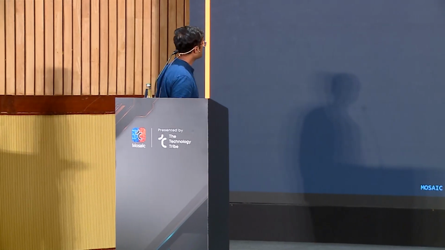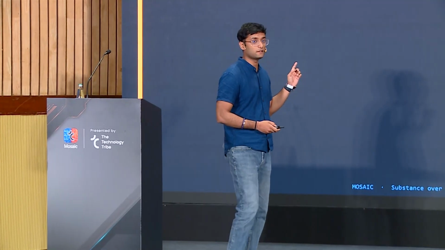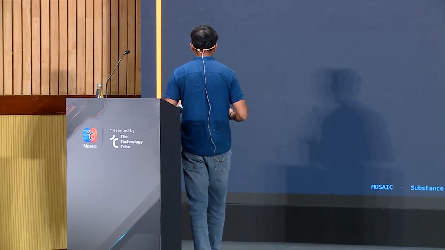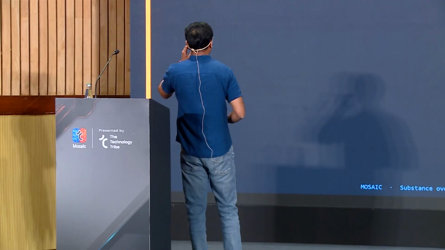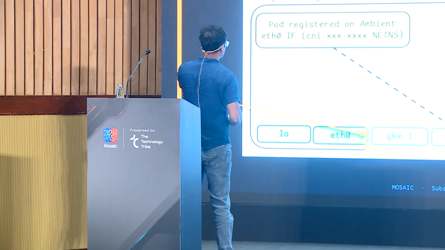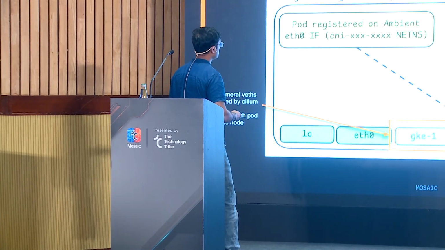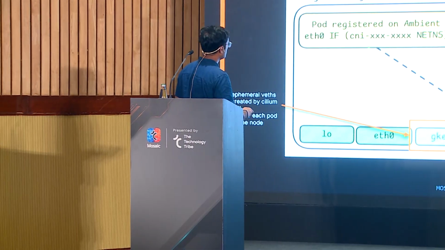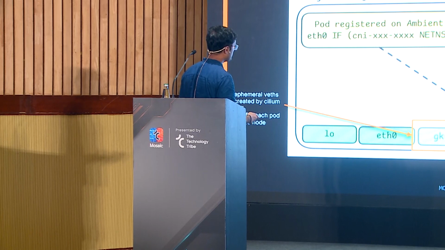So before we deep dive into this, let's talk about Kubernetes node level networking. Pod-to-pod communication essentially happens via a network interface pair in GKE, and in Kubernetes as well if you're running Cilium. And it looks something like this: you have a Kubernetes node, you have this pod, and there's a network interface pair.